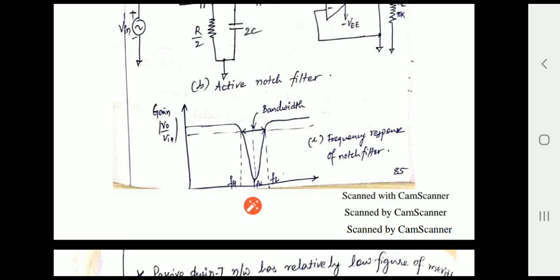Once it reaches the higher cutoff frequency, the output voltage falls at a rate of 20 dB per decade. Then at the frequency selected for rejection, the gain increases again at 20 dB per decade, and it acts as a high pass filter and allows the frequency components at the output side.